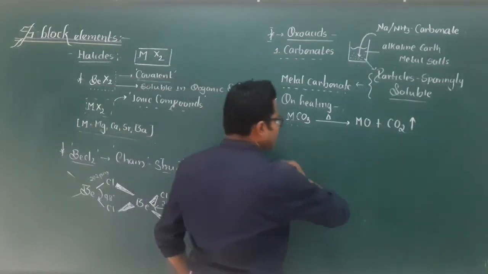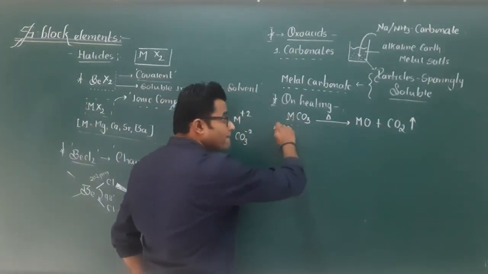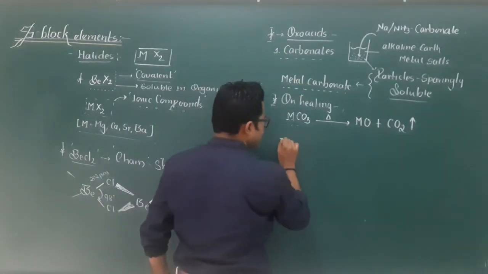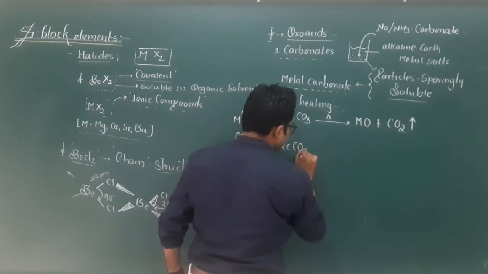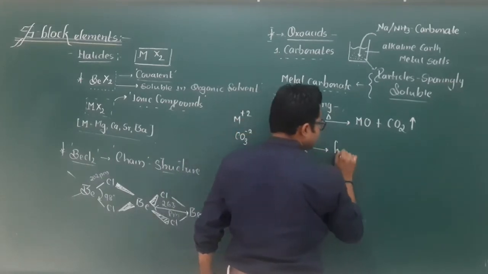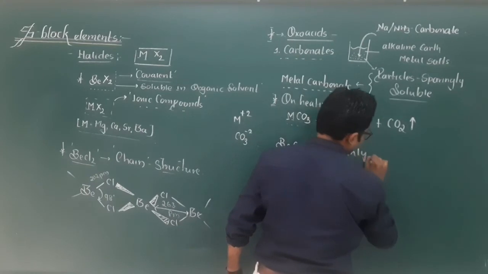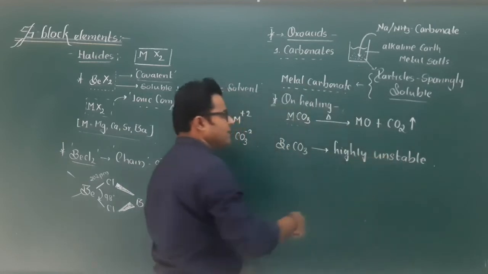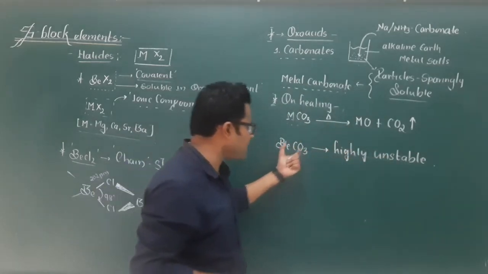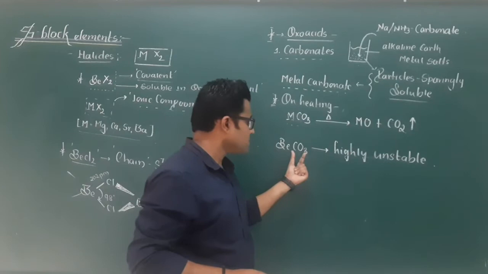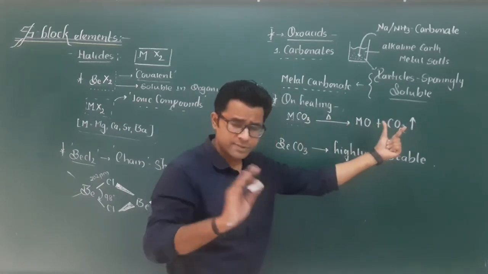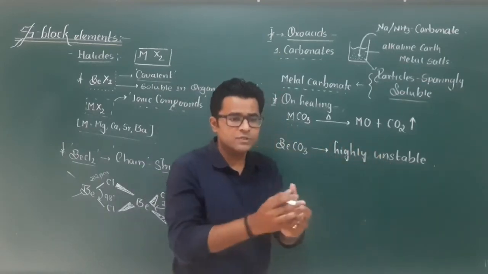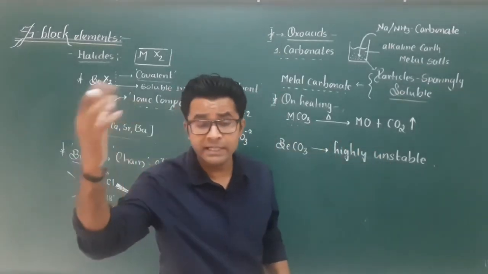Now again there is an exception with respect to these metal carbonates, and that is beryllium carbonate. Beryllium carbonate is highly unstable. Of course it will decompose in the same manner, giving rise to beryllium oxide along with the byproduct carbon dioxide, but it is a highly unstable compound. When you just keep it open in the atmosphere, it will get decomposed.